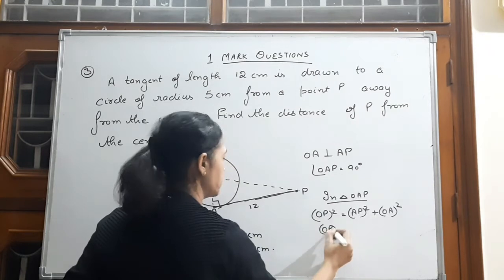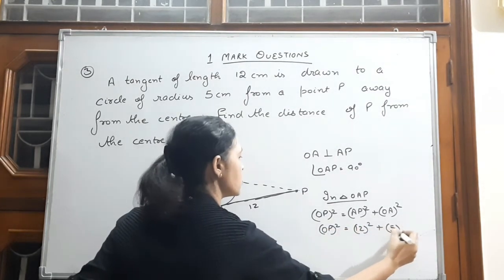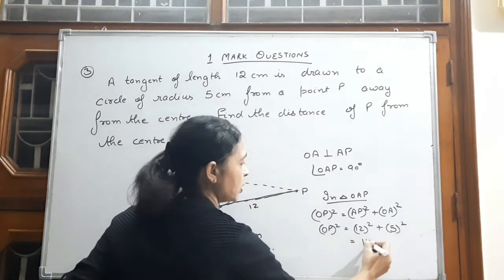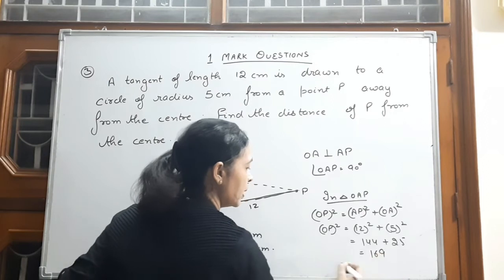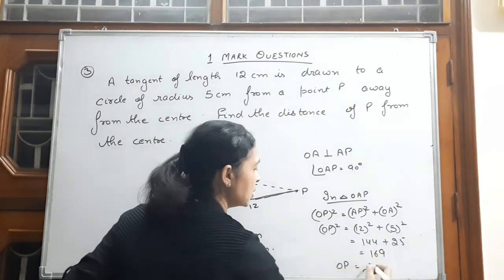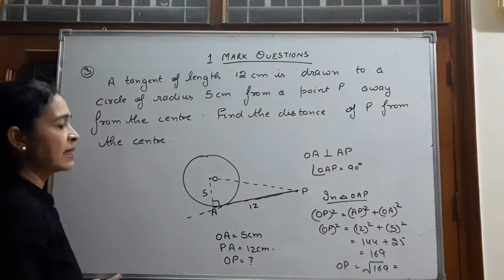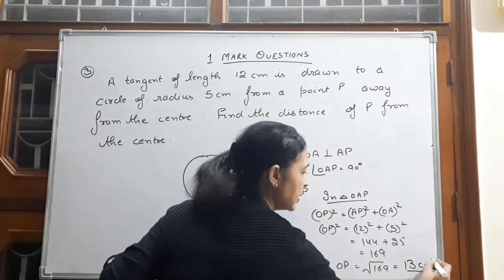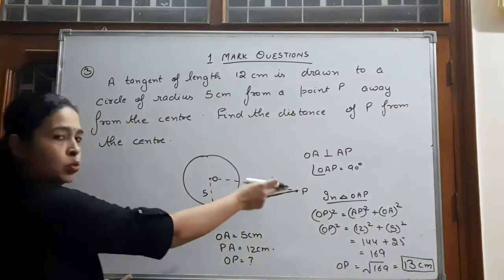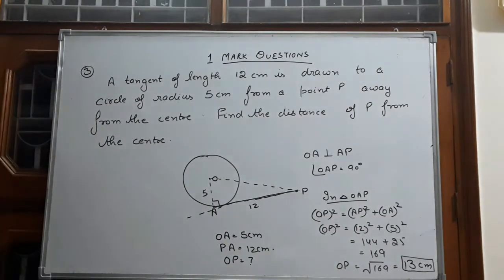OP square is AP 12 square plus 5 square, that is 144 plus 25, 169. And what is OP? Root 169. Root 169 is plus minus 13, but we will take only 13 centimeters because the distance from point O to point P or any other distance can't be negative. Therefore, 13 centimeter is our answer.